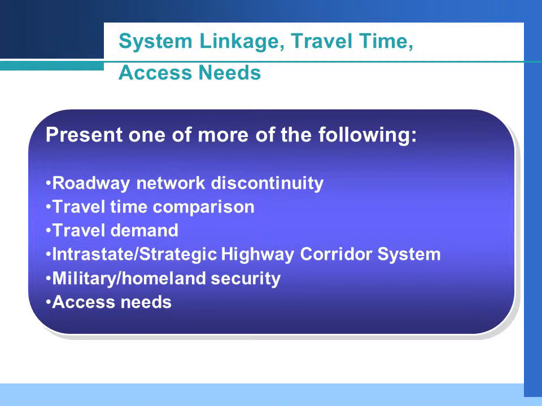The following may be presented to better explain system linkage, travel time, and access needs as a purpose for the proposed project: intermodal relationships including bicycle pedestrian systems, transit, port facilities, high occupancy vehicle lanes, and airport facilities. Functional classification, project history and background information including community issues, photographs, roadway geometric deficiencies and accident history, area transportation plans, local, state, federal, land use plans, capacity analysis of existing conditions.